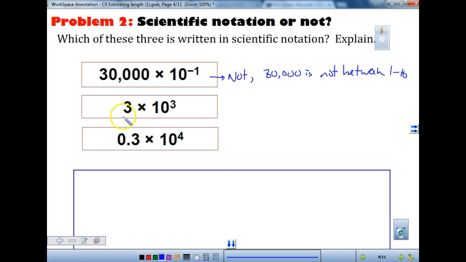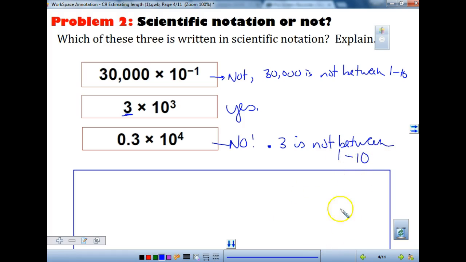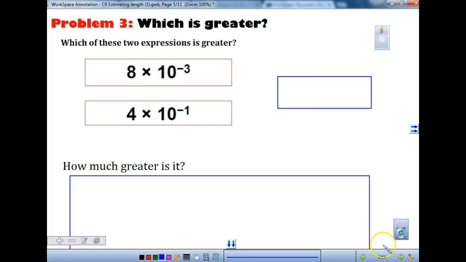Is this one scientific? Number between 1 and 10 times 10 to a power? Yes. Is this one? No. The reason this one is not is that 0.3 is again not between 1 and 10. So thinking about when we know something is written in scientific notation.